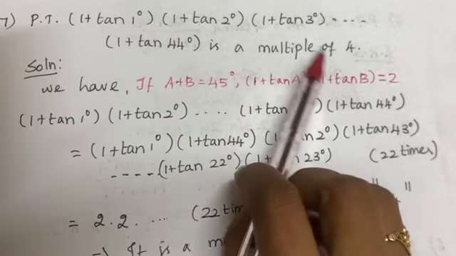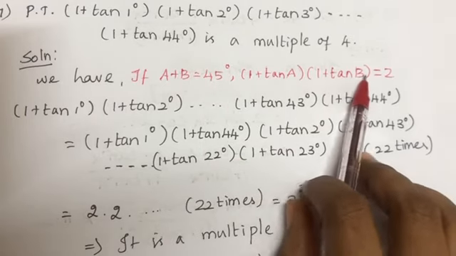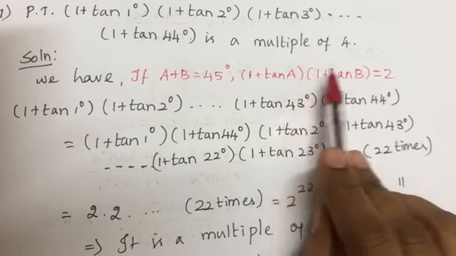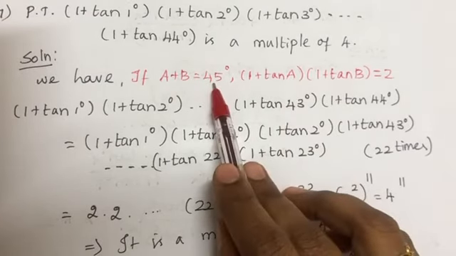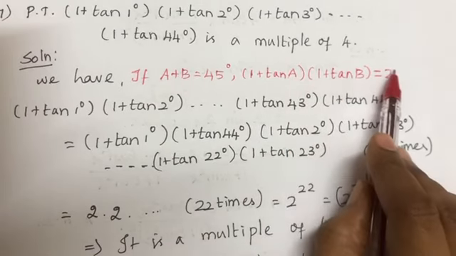From the previous problem, we have an important result. If a plus b equal to 45 degree, then 1 plus tan a into 1 plus tan b is equal to 2.